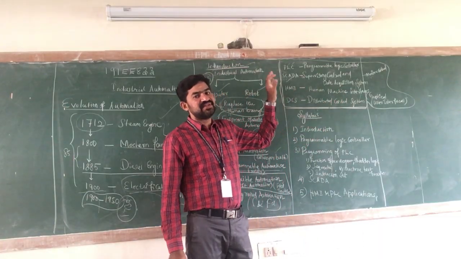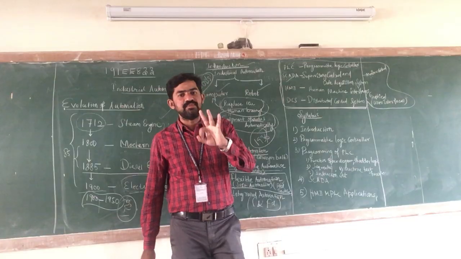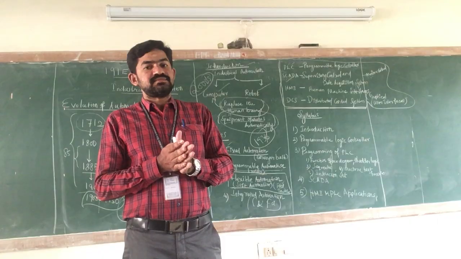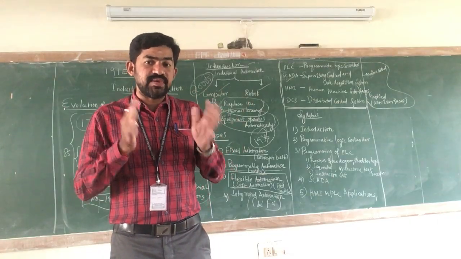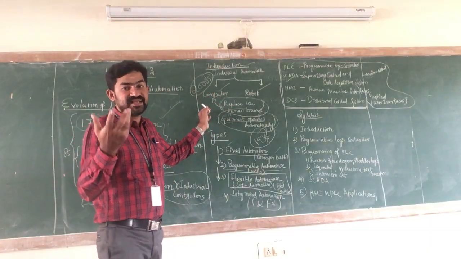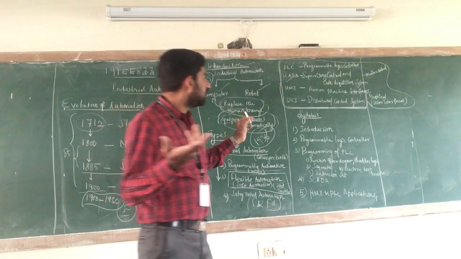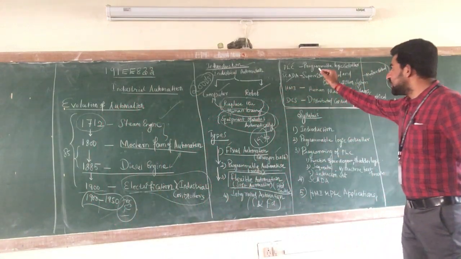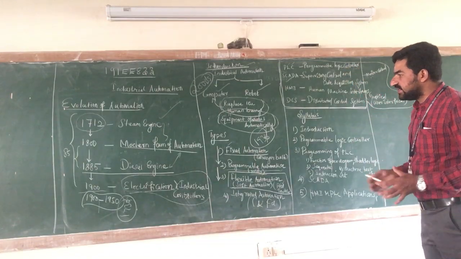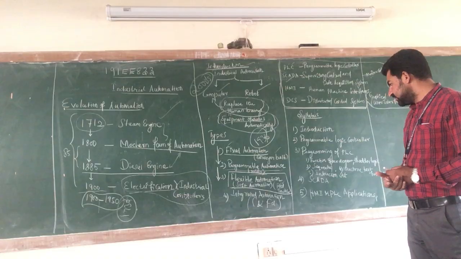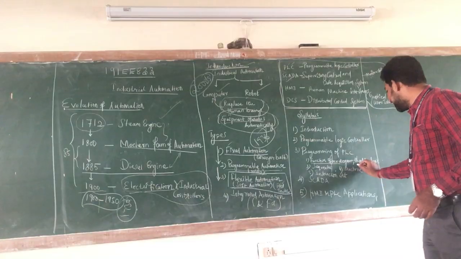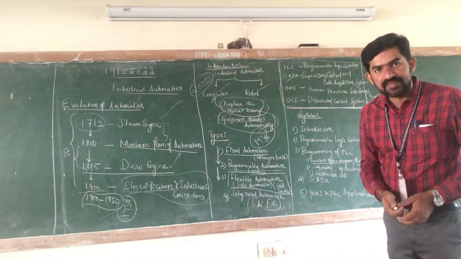PLC, SCADA and HMI, these three coding parameters play a very important role in the industrial automation process when people talk about real time manufacturing. For the first one, the PLC, the programmable logic controller, people use four different programming methods: functional block diagram, ladder logic diagram, sequential function chart, and instruction set.